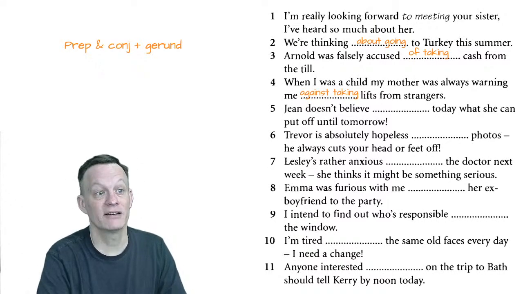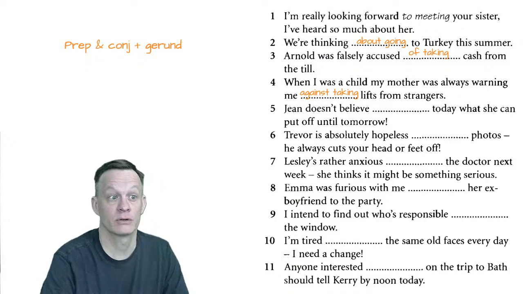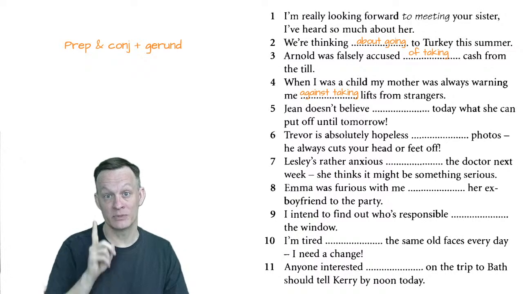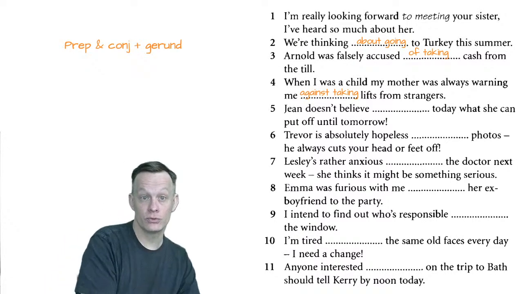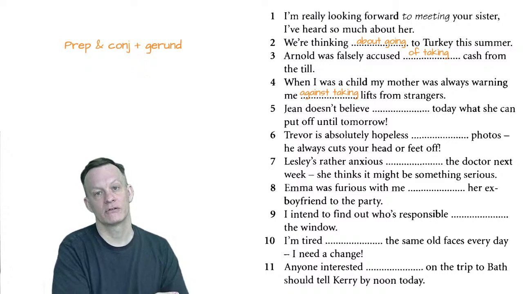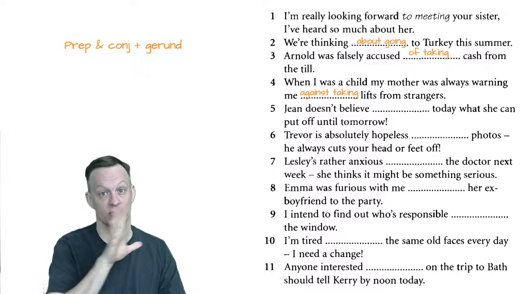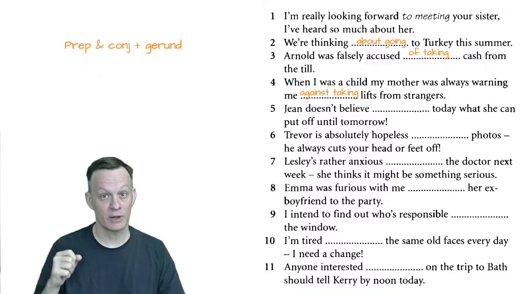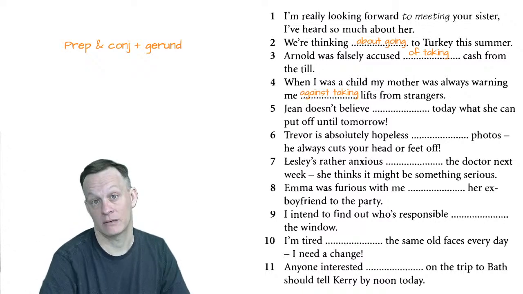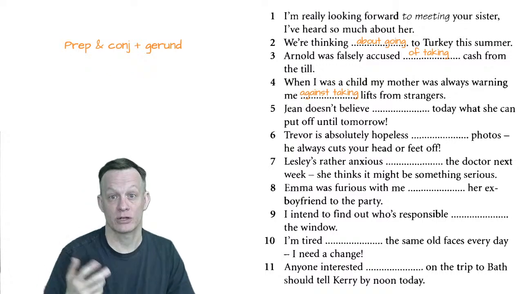But you don't give a lift from a stranger. You give a lift to someone. My mom's giving me a lift to the cinema. Or you take a lift from someone. So remember, it's take from and give to. And that's the same with an object, yeah?